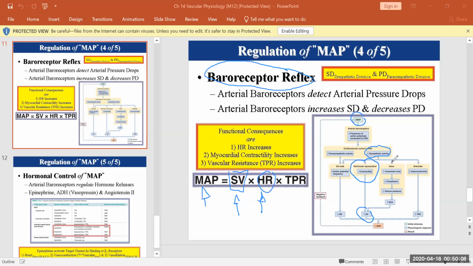Same thing here. So sympathetic affecting the heart, we just went over that. Let's take that out of the equation. But sympathetic, we mentioned earlier, not only affects the heart, it also affects the blood vessels. In this case, let's focus on the veins.